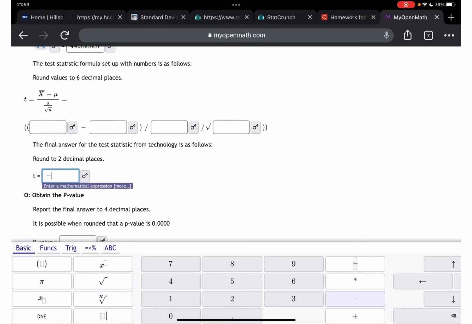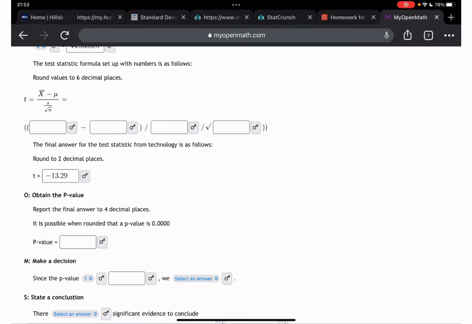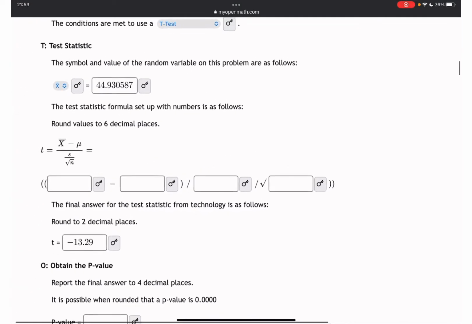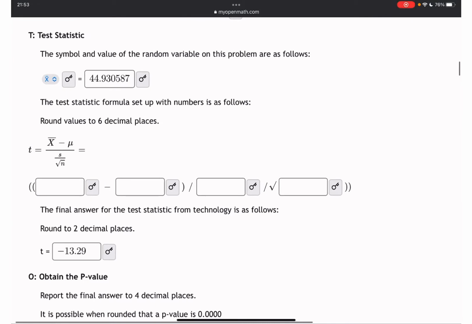All right, negative, we had 13.29. Okay, and this number we are getting how? Here is the formula: t is equal to x bar minus mu over s divided by square root of n. All right, how much is our x bar?